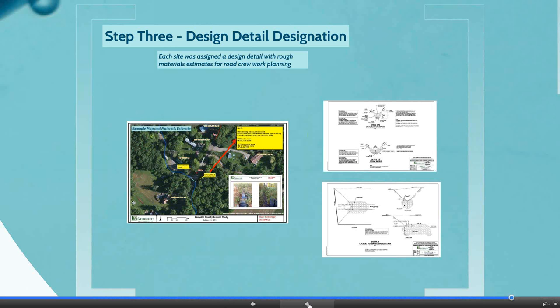Sometimes we would flag a full engineering site fix where the problem was just deemed to be too severe to basically try to apply a typical detail. It would rather involve a more comprehensive investigation to really figure out the best solution. But really, probably 95% of the erosion sites that you encounter can be fixed by standard practices that are familiar to a lot of the road crews.